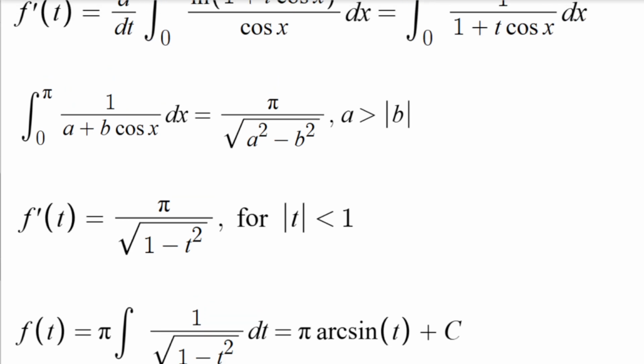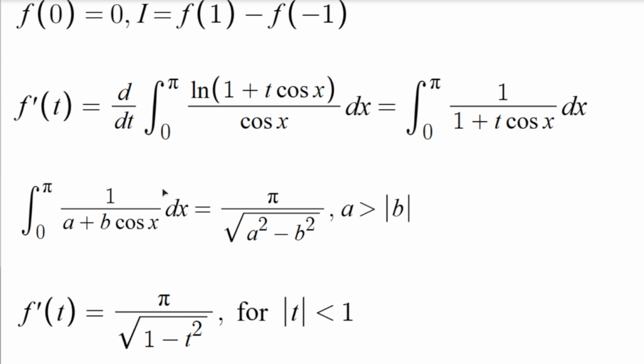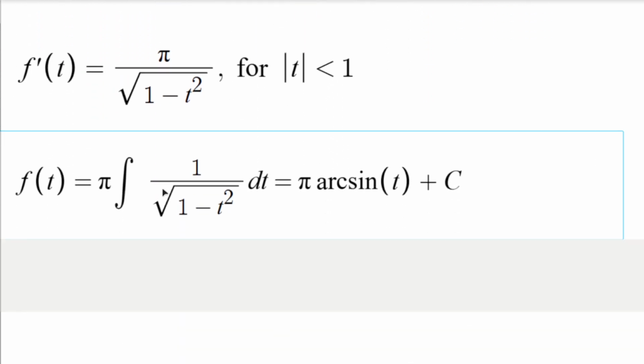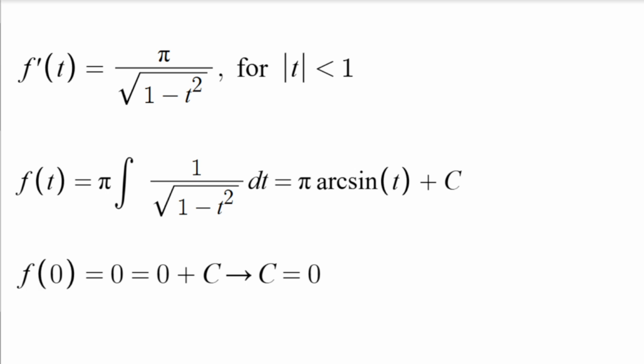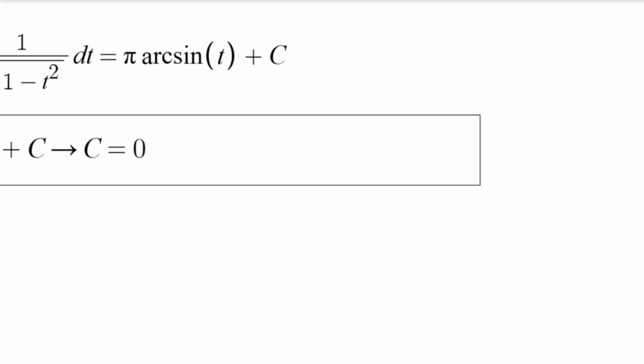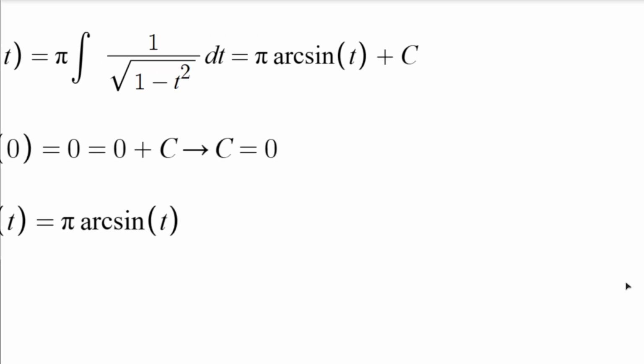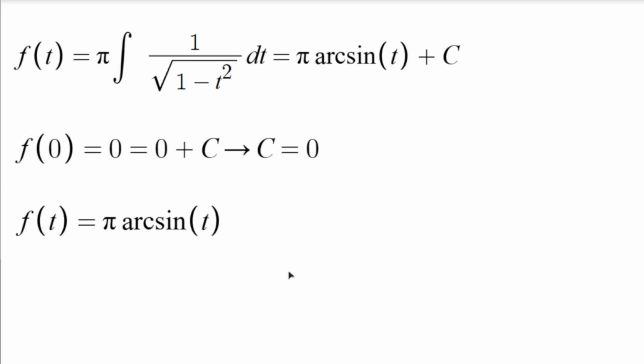And then we can use the fact that f of 0 is equal to 0 to figure out that c is equal to 0. So now we have, sorry about that. Now we have f is equal to pi arc sine t. Now we just have to plug in 1 and -1 and subtract them and we're done.